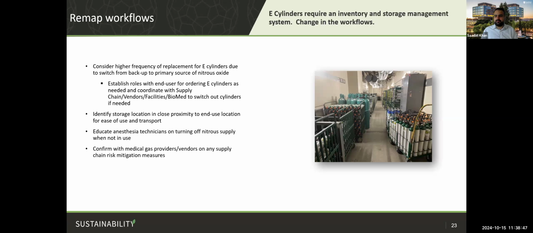And so really the point is to communicate to the end users that we have ample backup in our storage room down in the basement. If you need it closer to your end use at any point, we are giving you storage space closer to your end use location to use as well.